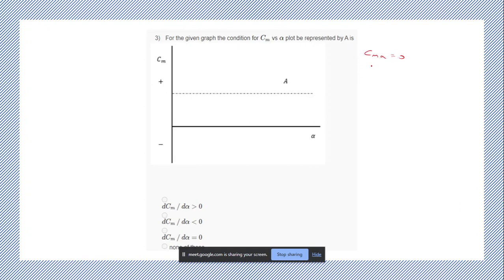Cm alpha is 0. What about Cm naught? What is Cm naught of the graph shown here? It is positive. So is this aircraft stable or unstable, or what is it? Okay. Would you agree if I say it is neutrally stable?